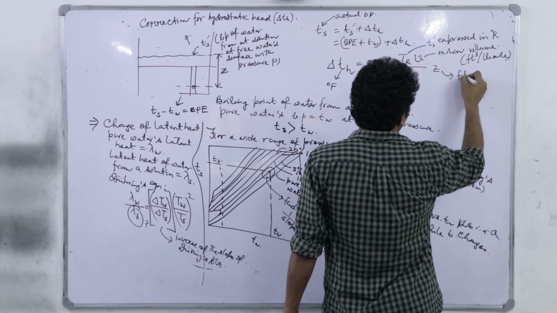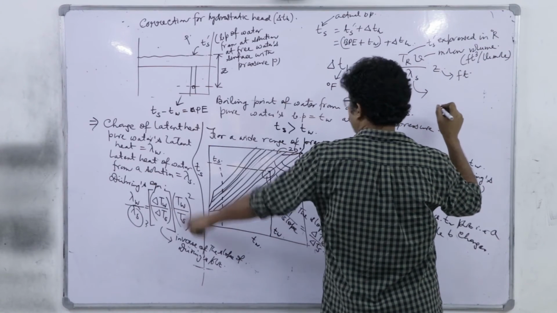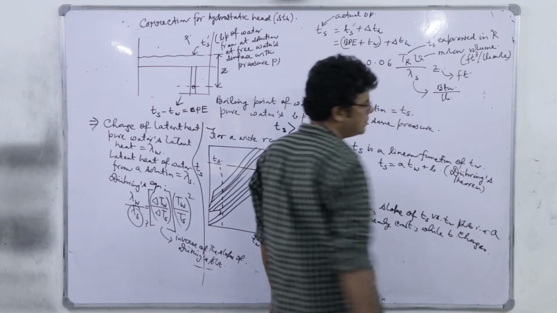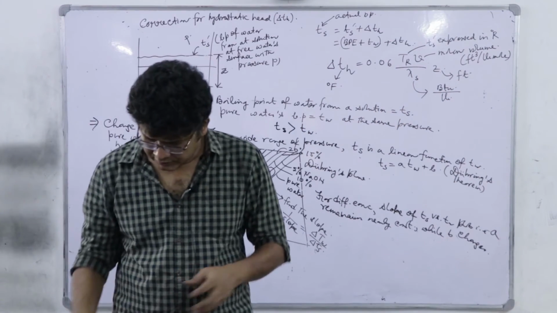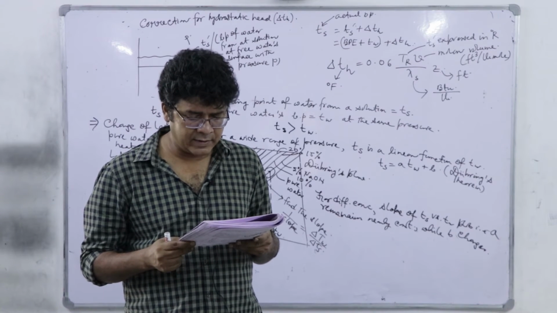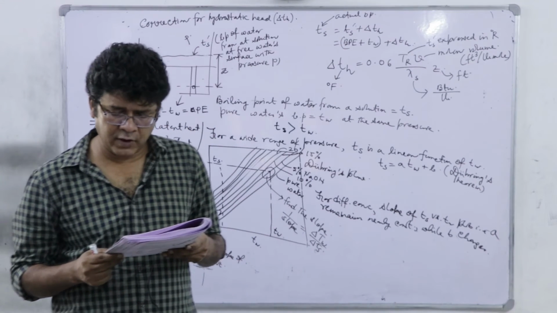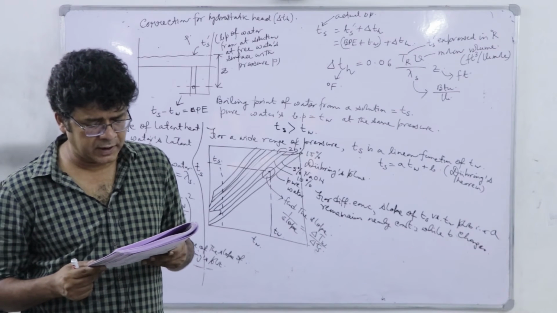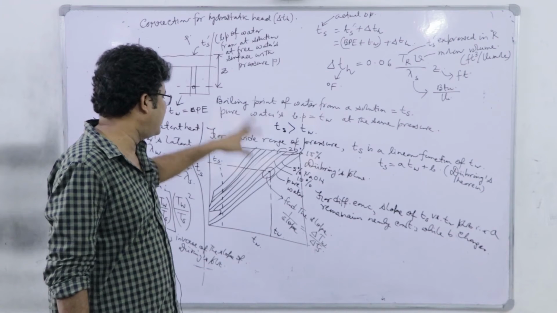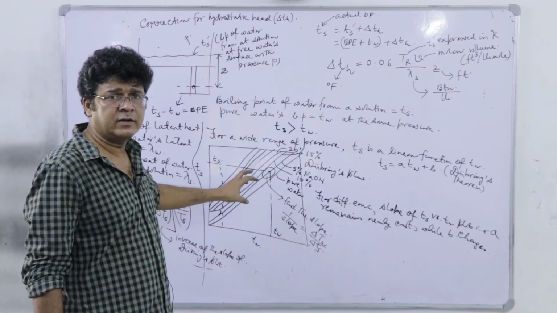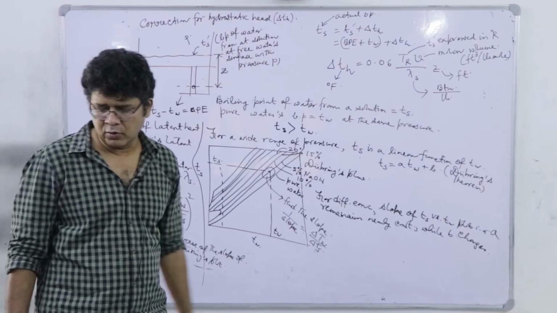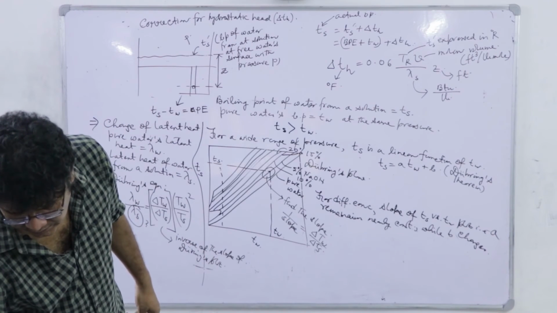Z is in feet, and lambda S, as we have solved, is in BTU per pound, right? Lambda S is the latent heat of vaporization of water from the solution in BTU per pound. Z is the hydrostatic head. So we have solved the problem of elevated boiling temperature, changed latent heat, and we have also included the hydrostatic head, right?